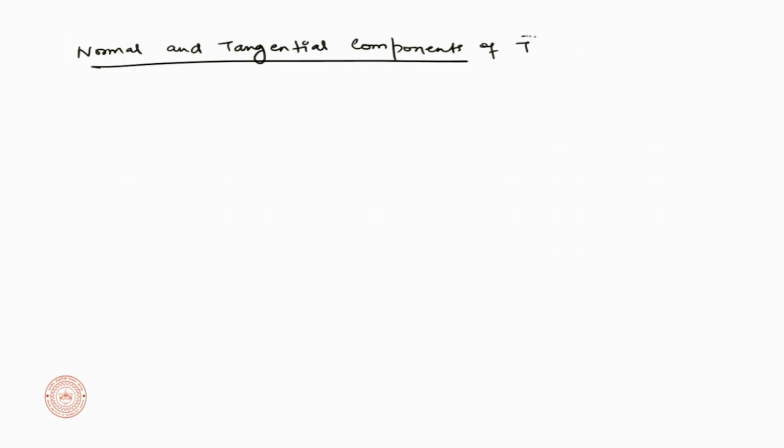Okay. Then our traction vector can have normal and tangential components. So, the normal component of T vector will be T vector dot with the surface normal into n vector, and the tangential component of T vector will be T vector minus the normal component.